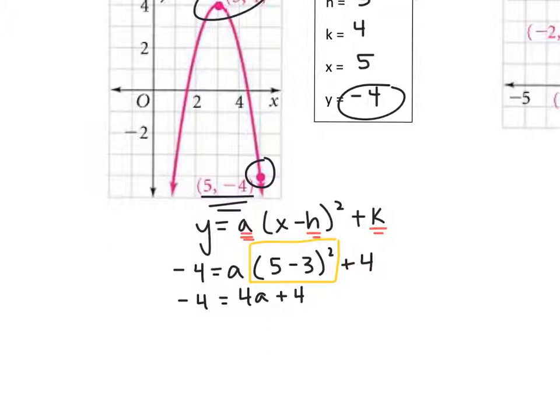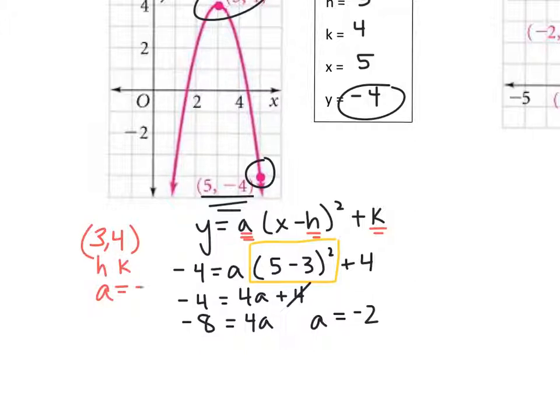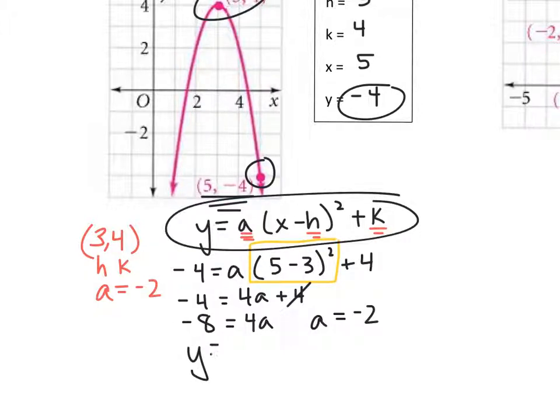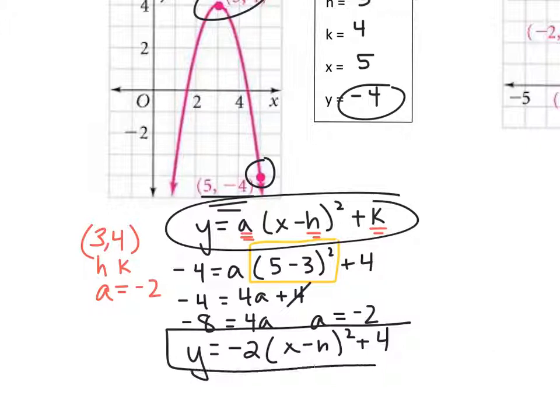So subtract 4 from each side, to get rid of that, -8 equals 4a, and then a equals -2. So I have my h, this was k, and I have my a. So now I'm going to plug all these back into my equation right here. So my equation is going to be y equals a, which is -2, times (x minus 3) squared plus 4. So this is a 3.